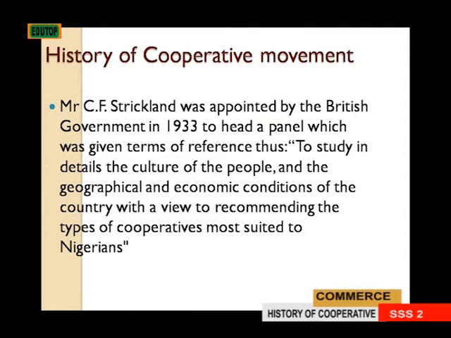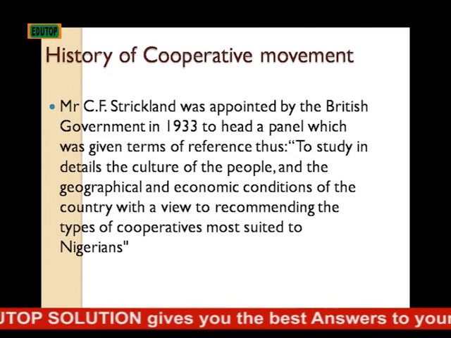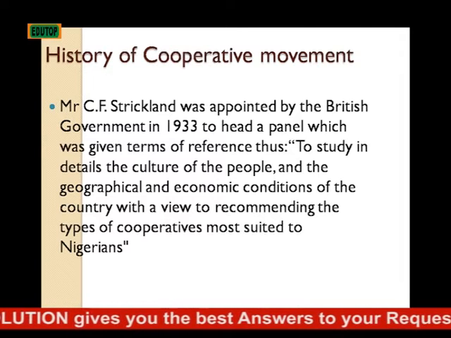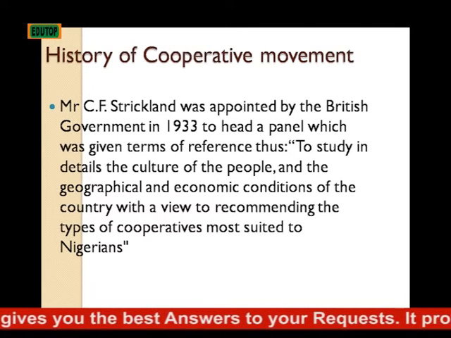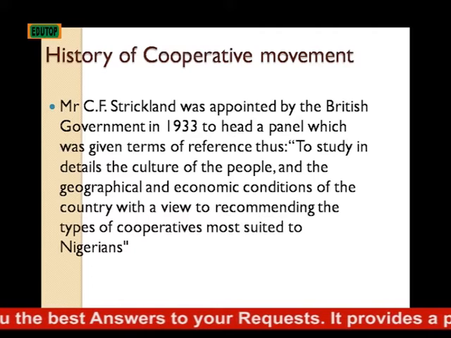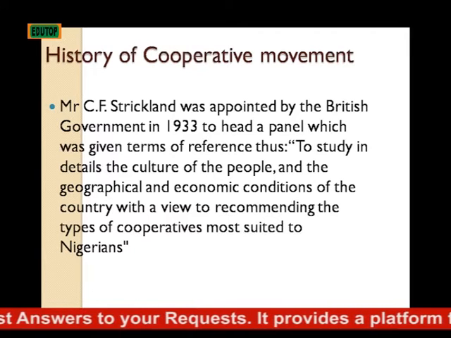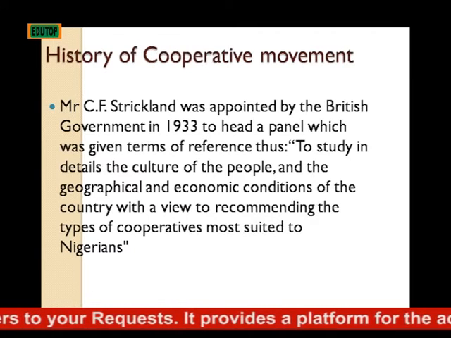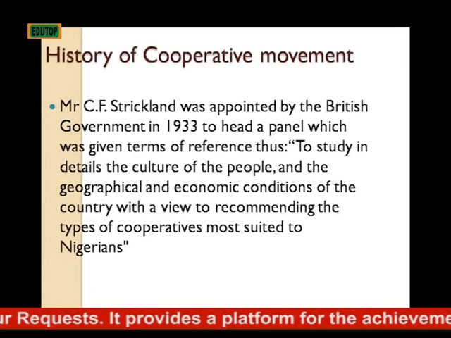History of cooperative movement. Mr. C.F. Strickland was appointed by the British government in 1933 to head a panel which was given terms of reference, thus, to study in detail the culture of the people and the geographical and economic conditions of the country, with a view to recommending the types of cooperatives most suited to Nigerians.